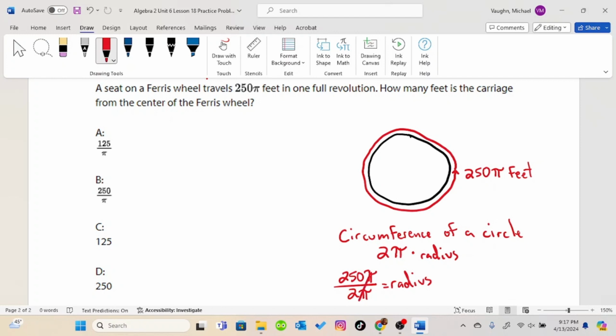The pi cancel out, and 250 divided by 2 equals 125 feet. So from the center of the Ferris wheel out to the cart is going to be 125 feet, which is choice C.